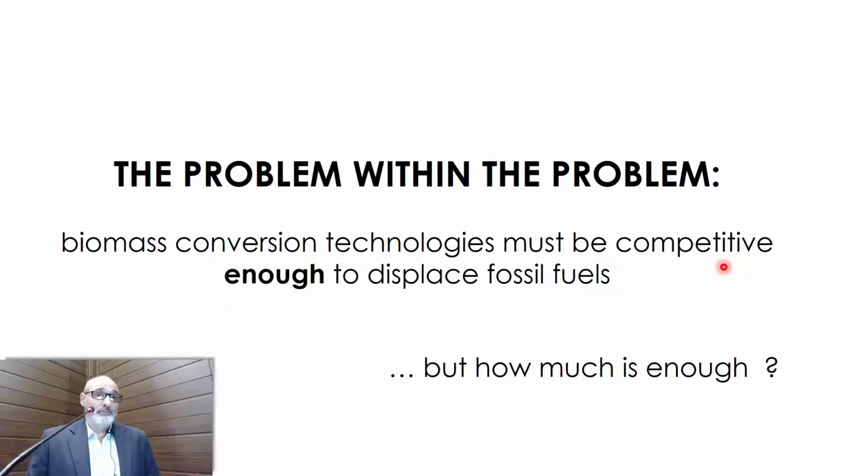Well, I think I described in a few words what the problem is, but there's also what I can say, it's a problem within the problem. Biomass conversion technologies must be competitive enough to displace fossil fuels. But the problem is here. How much is enough? How do we measure this competitiveness? And that's exactly the point of my talk.